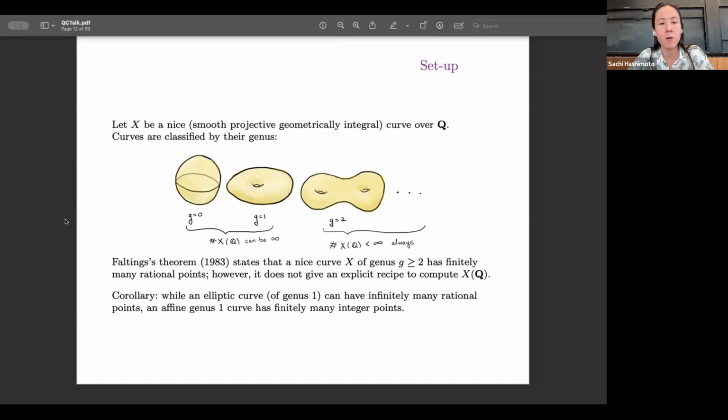In genus 0 and 1, genus 0 can be infinite if it contains a rational point, and genus 1 depends on the Mordell-Weil rank. A corollary of Faltings' theorem is that an elliptic curve, the genus 1 case, can have infinitely many rational points, but an affine genus 1 curve has only finitely many integer points.